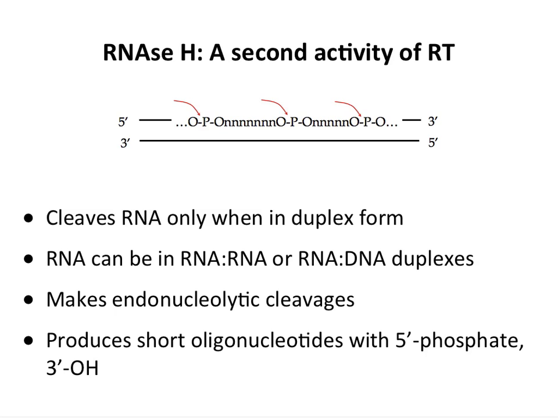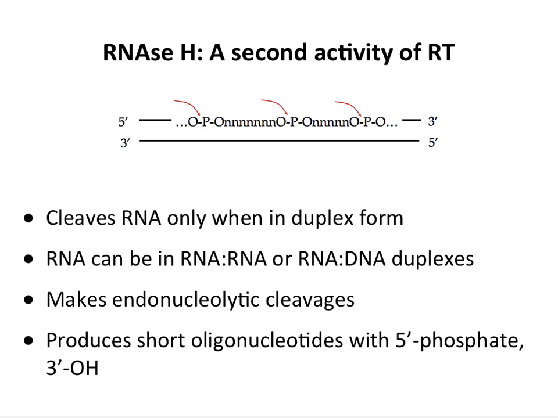That's why I say duplex form, because it can be either one. So what the enzyme does, it makes endonucleolytic cleavages, which means it cleaves in the interior of the nucleic acid. It doesn't just chew from the ends. That would be exonucleolytic. It cleaves endonucleolytically, and it makes short oligonucleotides with 5' phosphates and 3' hydroxyls.